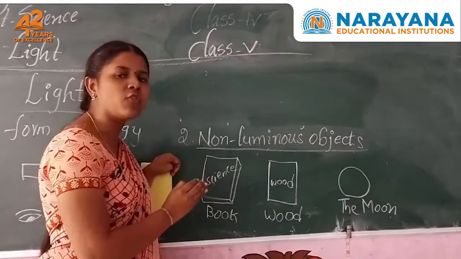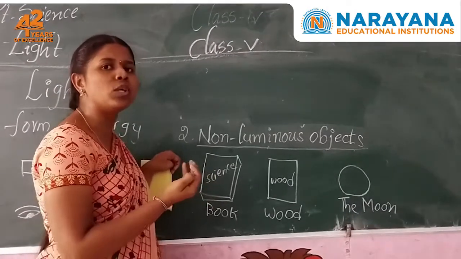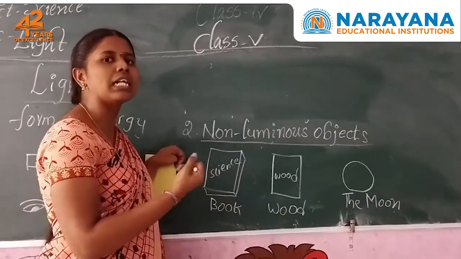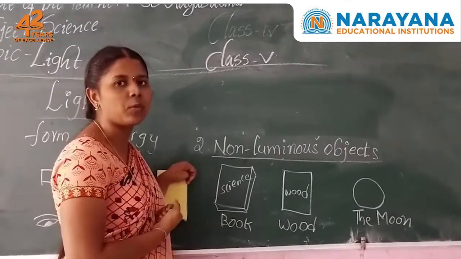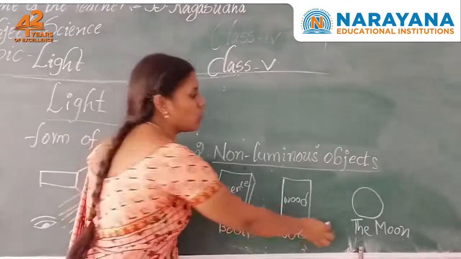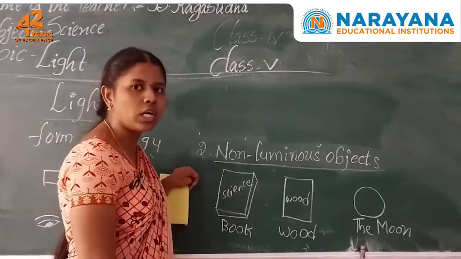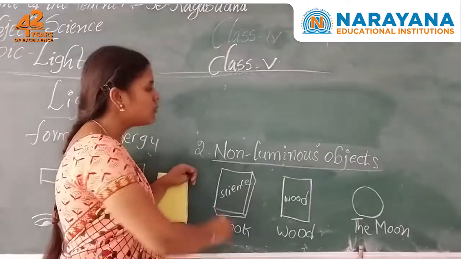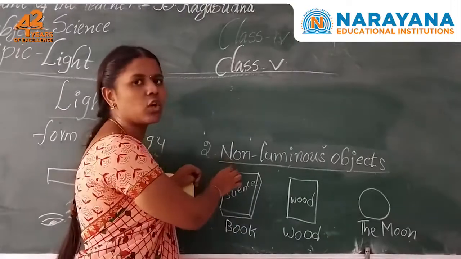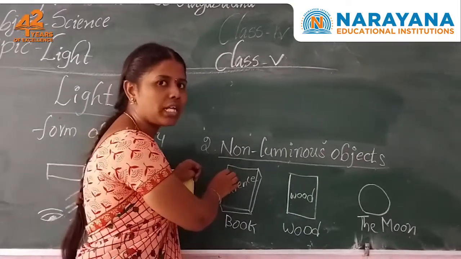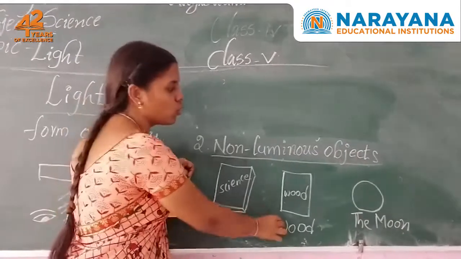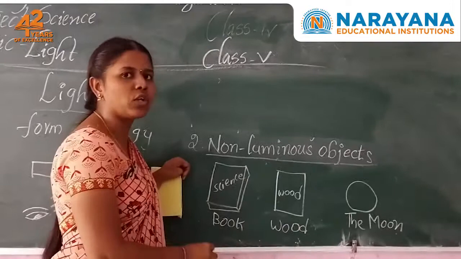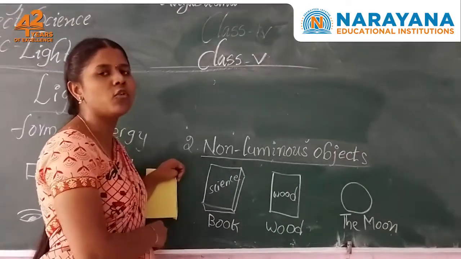When the sunlight falls on the moon, it is reflected by the moon, and you are getting the light from the moon during the night time. So the moon is also a non-luminous object. The objects which are not capable of giving out light are called non-luminous objects. Examples are book, wood, the moon, and a number of other things.